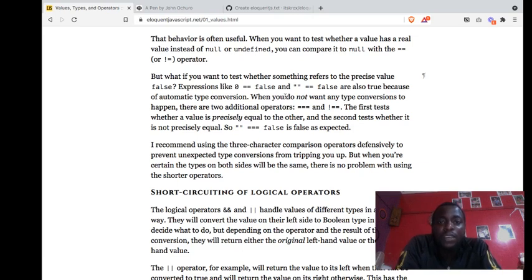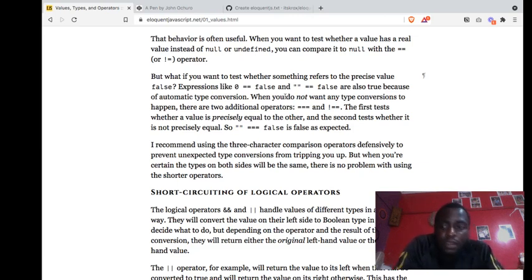For example, === and !==. The first tests whether the value is precisely equal to the other, and the second tests whether it is not precisely equal. So "" === false is false, as expected.